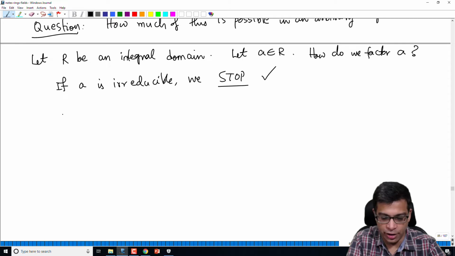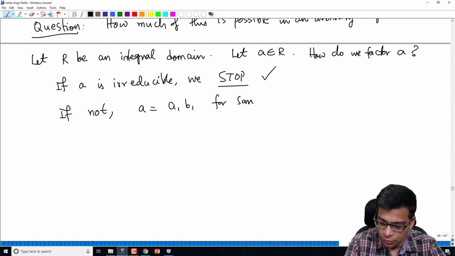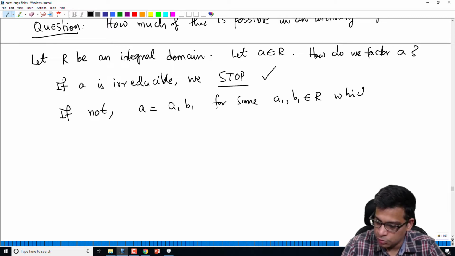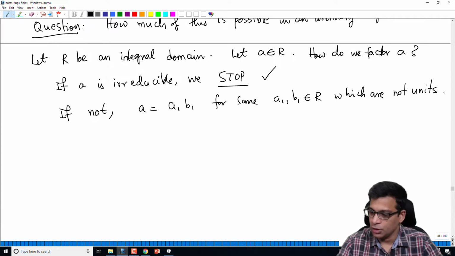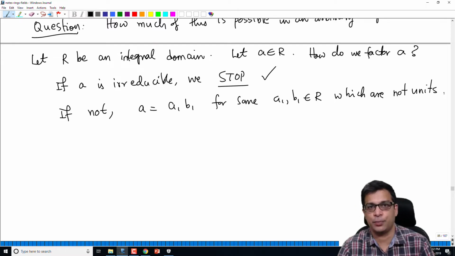If A is not irreducible, by definition, A can be written as A1 B1 for some A1, B1 in R which are both not units. Because if A is not irreducible, we know that there is a proper divisor.